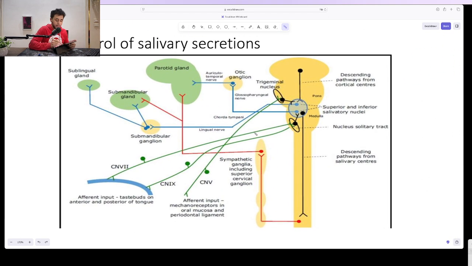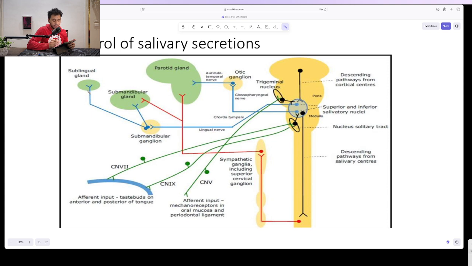Regarding the superior salivary nucleus, the efferent fibers go through a pathway called the chorda tympani, and then reach the submandibular ganglion, and the postganglionic fibers relay in the submandibular gland and the sublingual gland.